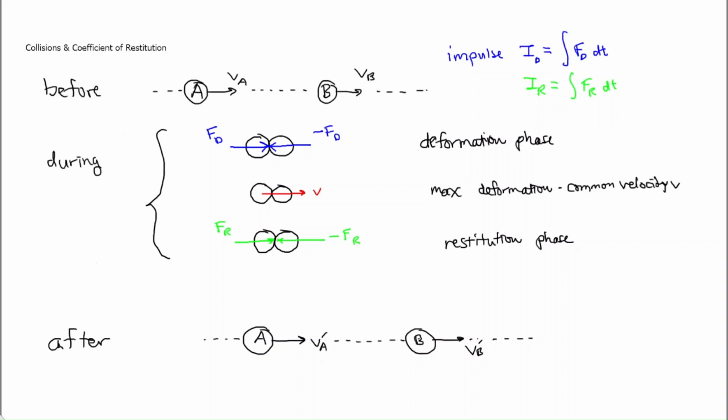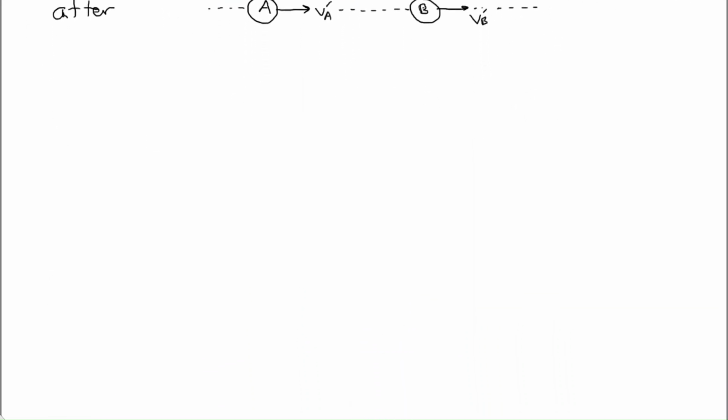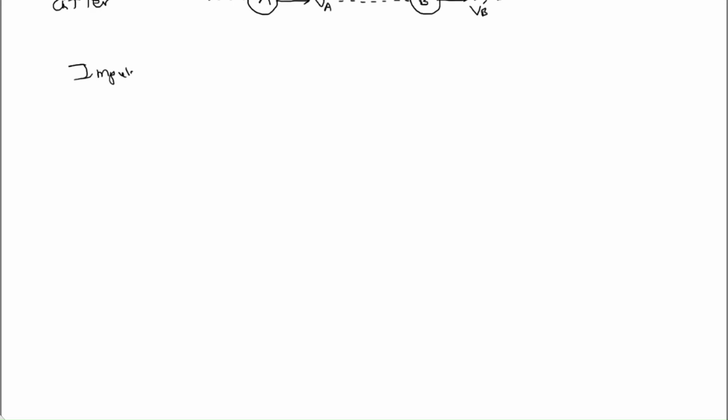Now what I'm going to do is scroll down the screen here. Excuse me. Now I'm going to use something called the impulse momentum theorem. If this expression is too mathy sounding, sometimes I like to call it the impulse momentum principle.